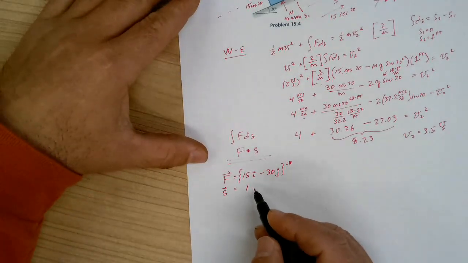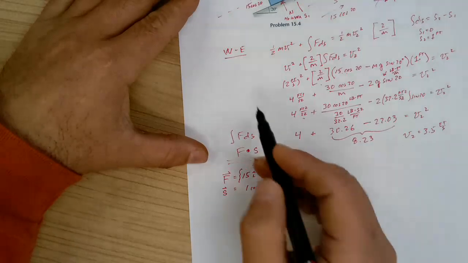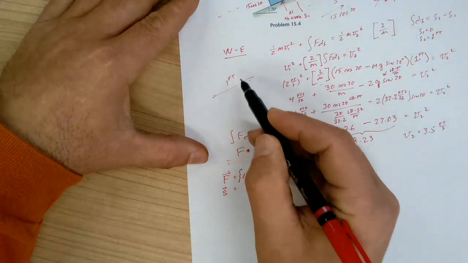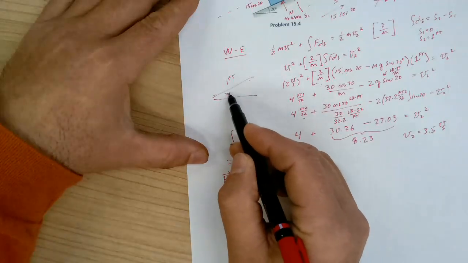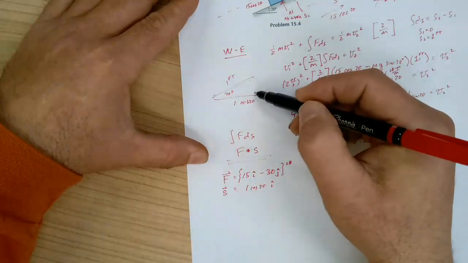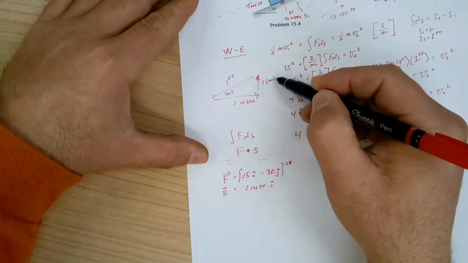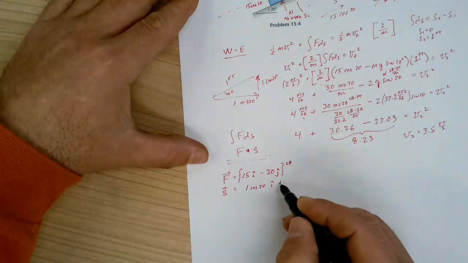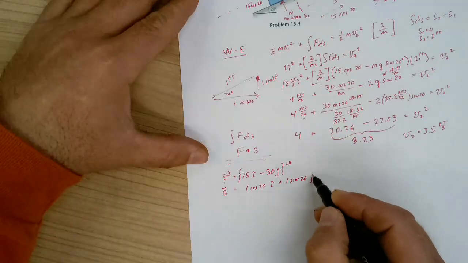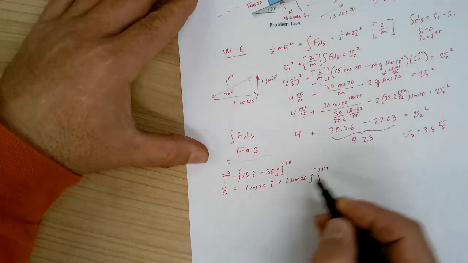That's going to be 1 foot cosine 20 in the I, at 20 degrees, plus 1 sine 20 in the J. Right, 1 foot, so this has units of feet.